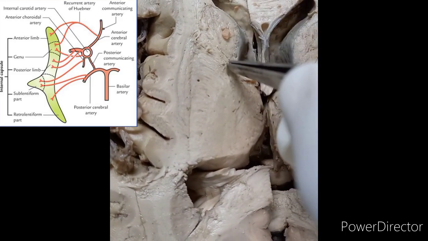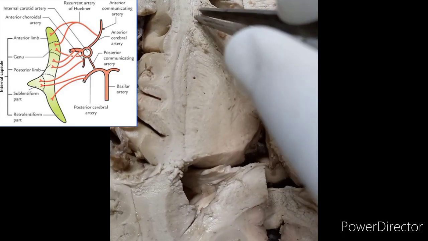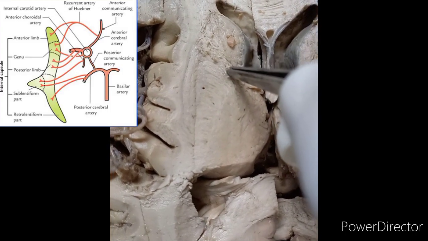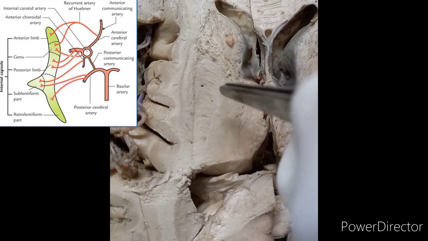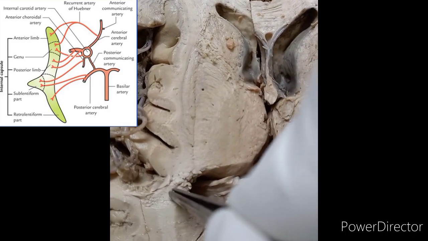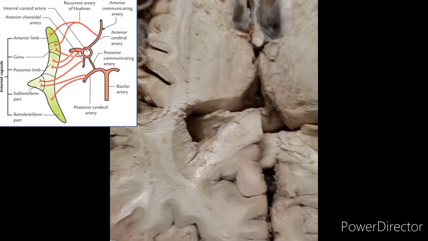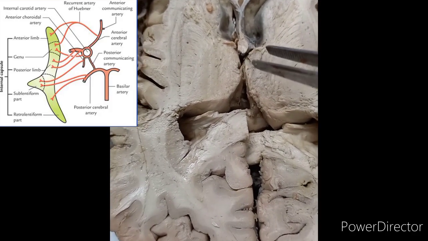Now, this bend is the genu. Now, this area is the posterior limb, and this is the retro-lentiform part, same for this side also, and we cannot see the sublentiform part here.